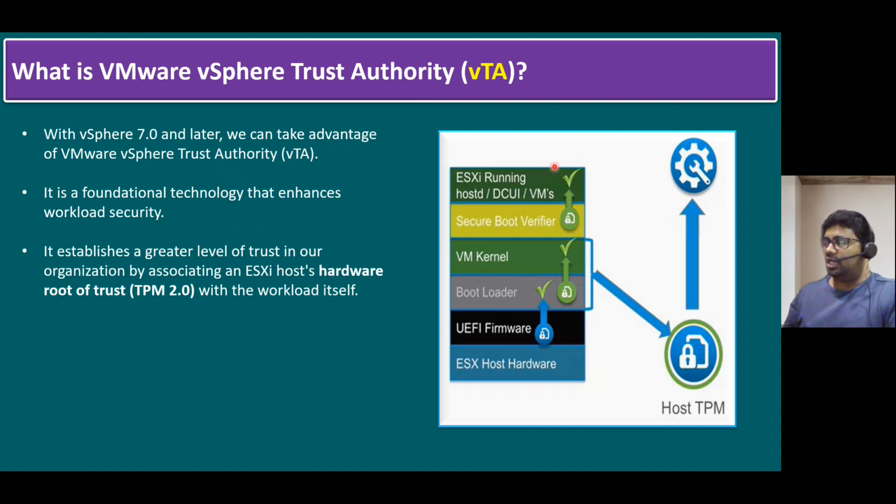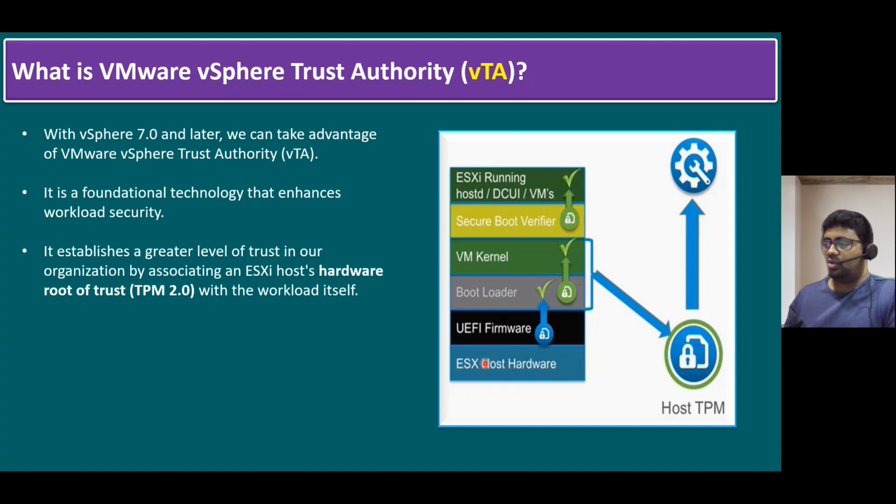So let's understand what is VMware vSphere Trusted Authority. Let's talk about the diagram first. In every ESXi host hardware, you can run the ESXi software on any hardware like HP, Hewlett Packard Enterprise, or any third-party hardware vendors. Once you install the ESXi operating system, along with the ESXi host hardware, we also need to install the firmware.